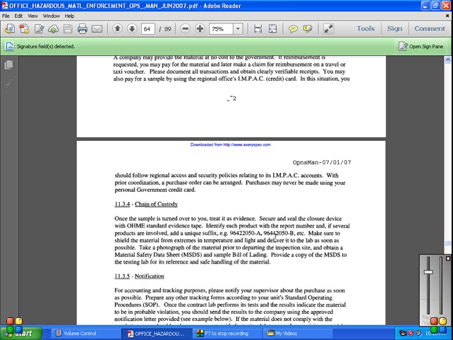Photograph the material before departing the inspection site and obtain the material safety data sheets. Provide the MSDS to the testing lab for reference on safe handling of the material.